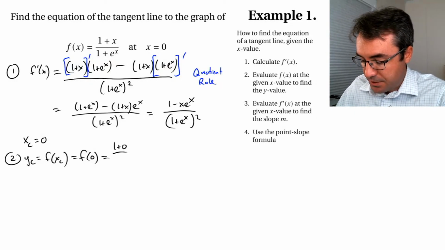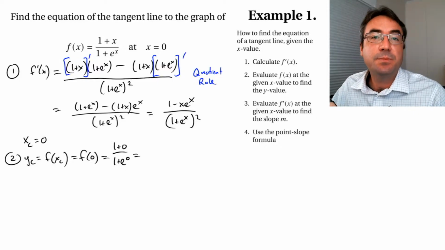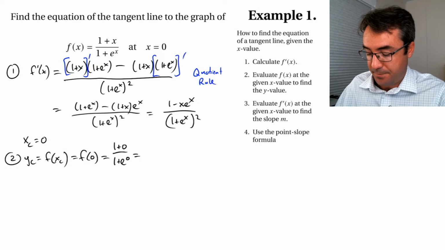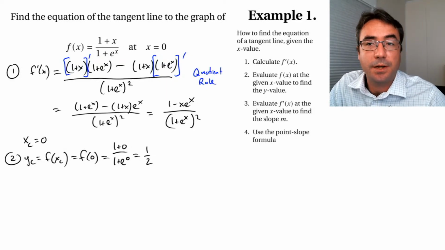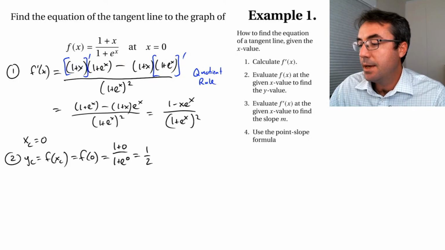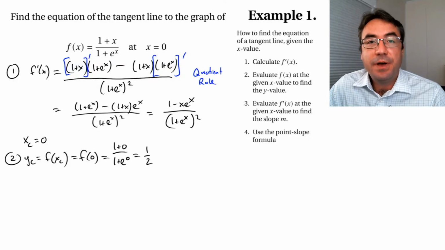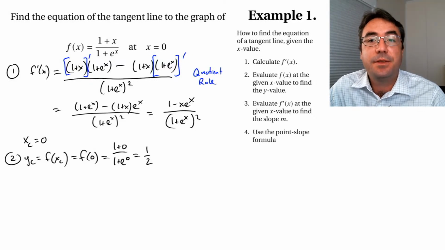So we get 1 plus 0 over 1 plus e to the 0, and that just simplifies to 1/2. E to the 0 is just 1, so we end up with 1 over 2, 1/2. So that's step 2. We evaluate the original function at our given x value to find the y-coordinate.